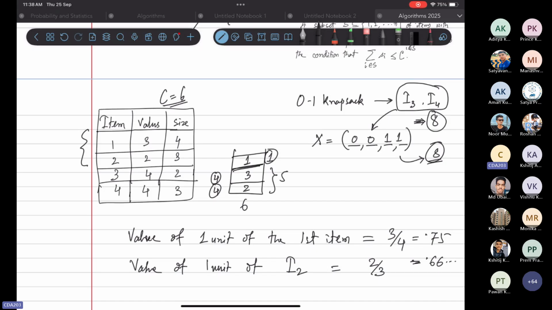Which one would you prefer? I'd like to take the item which has higher per unit value.